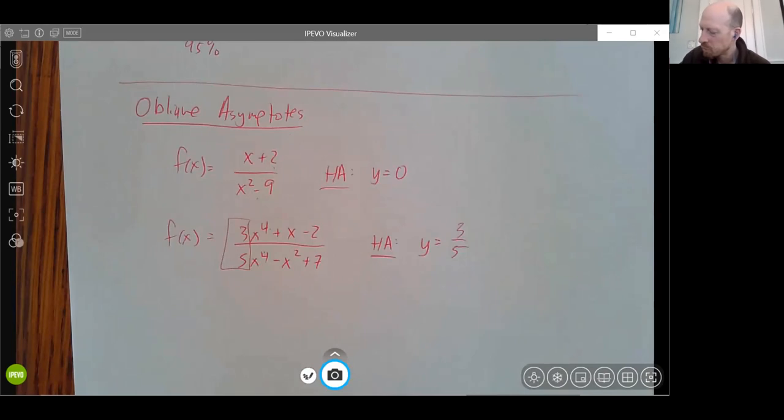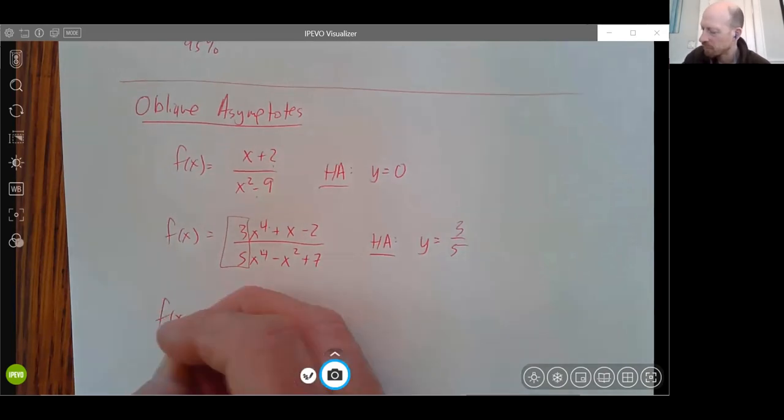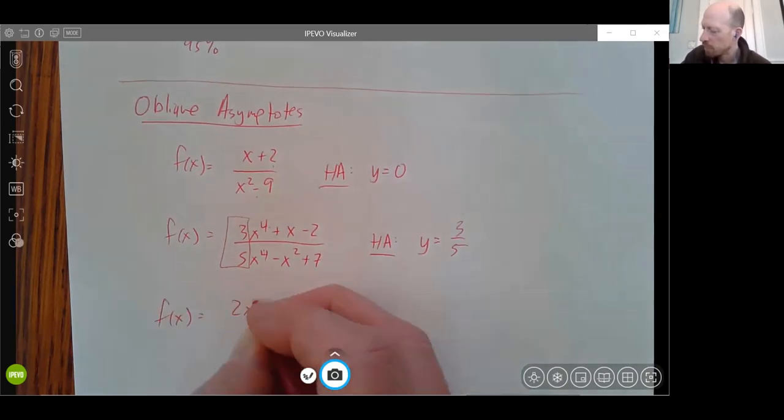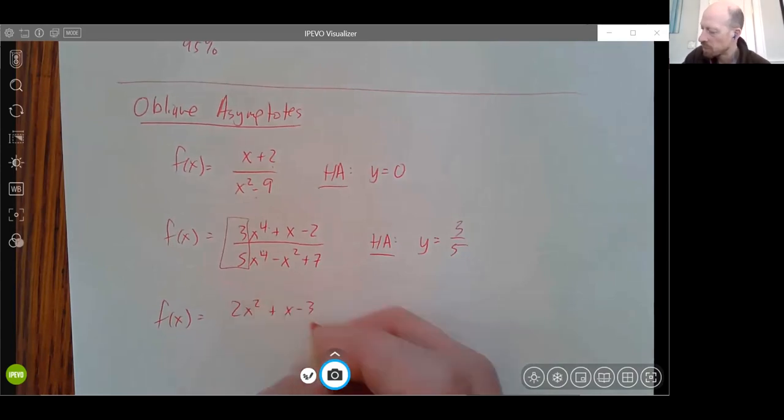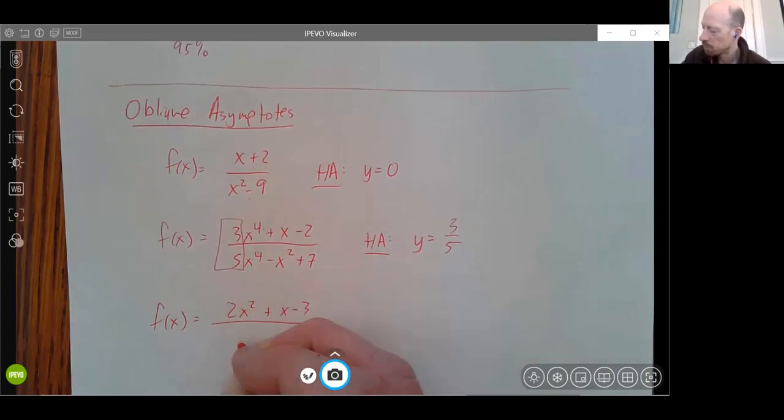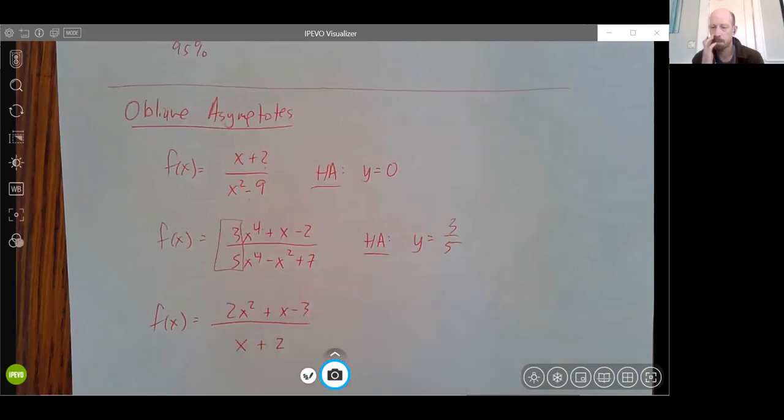Now the question is, what happens if I have (2x squared plus x minus 3) over (x plus 2)? That is a different situation than either of these.